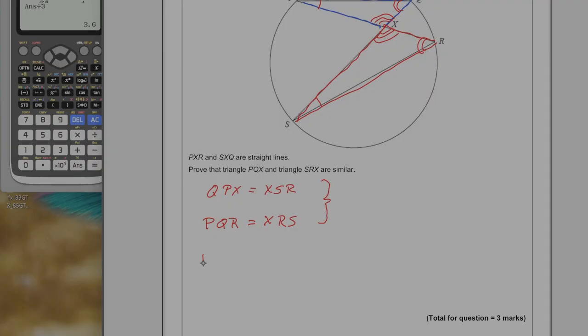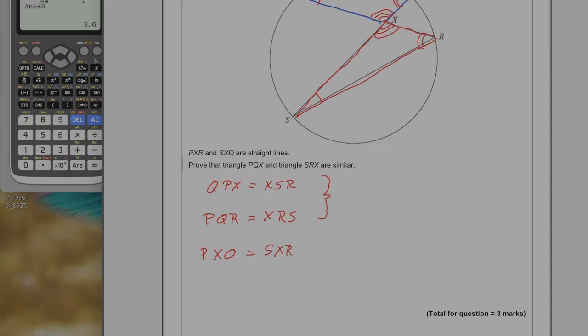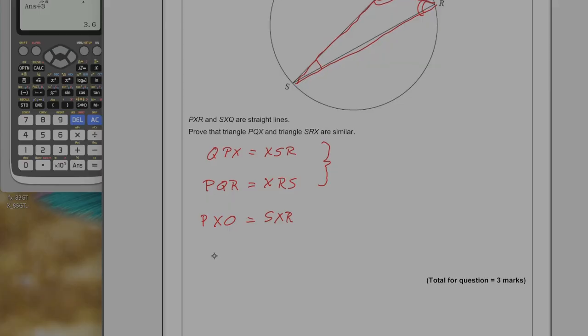And then I'm going to say that PXQ is equal to SXR. Then as all three angles are equal, all three angles are equal, so they must be similar.